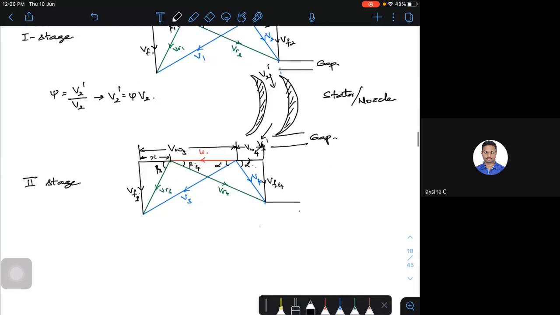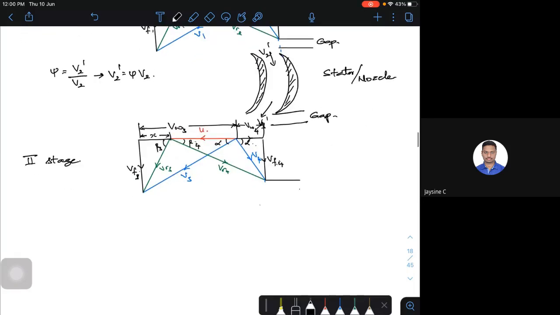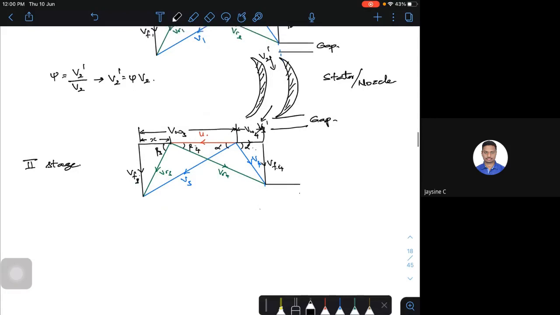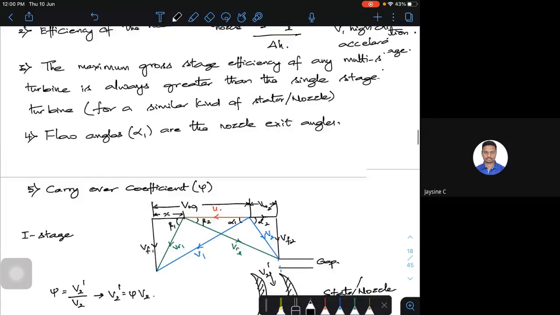Now, if you try to look at what will be the stator efficiency or nozzle efficiency here. Your nozzle efficiency is given by, already we have seen this.